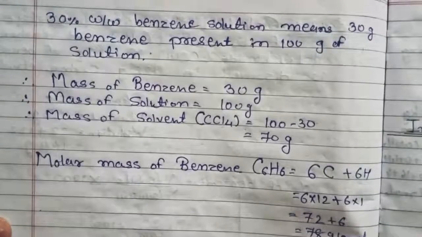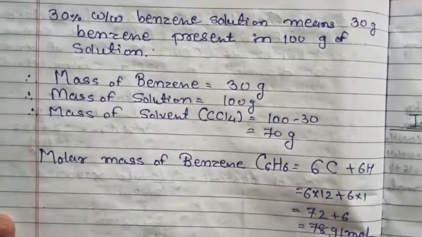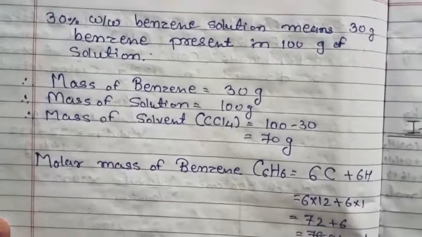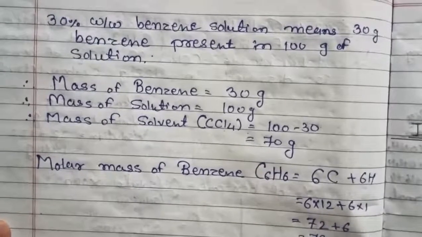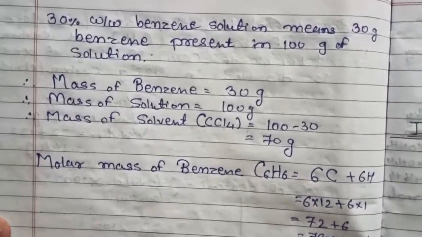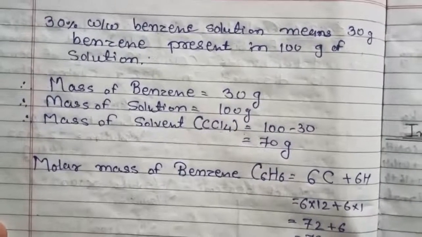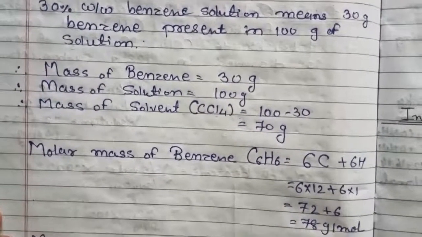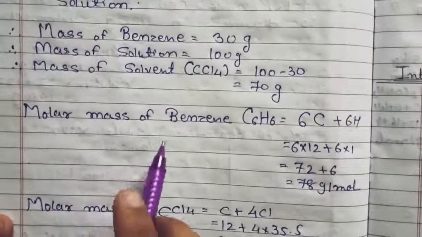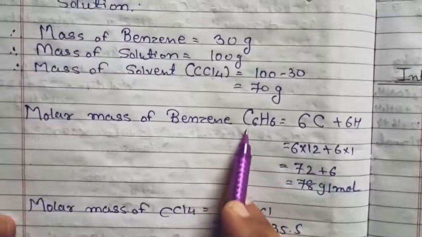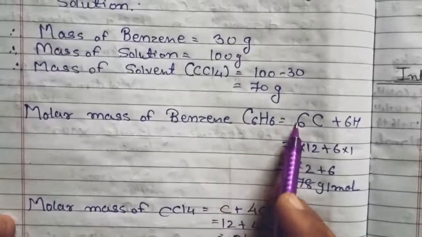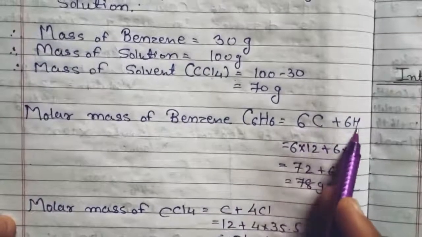Now we have to find out the mole fraction. For the mole fraction, we need the moles of benzene and moles of carbon tetrachloride, and for that we also need the molecular mass of benzene and carbon tetrachloride. First we find out the molar mass of benzene having formula C6H6, equal to 6 carbon mass plus 6 hydrogen mass.